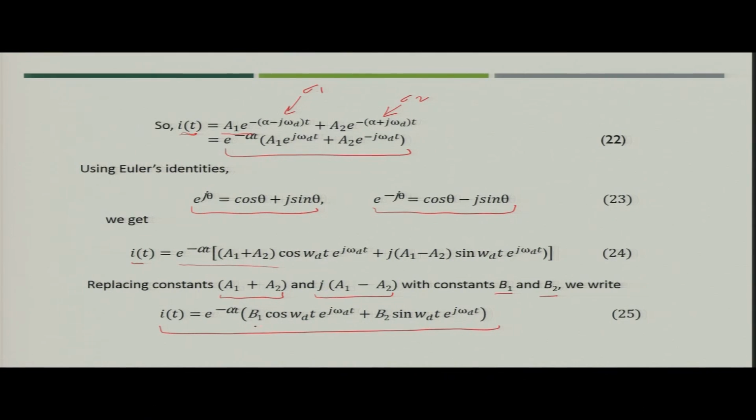Now, if you see this equation, the expression for I t, you will say that the system will have cosine terms and sine terms, that is sinusoidal terms, plus exponential terms.